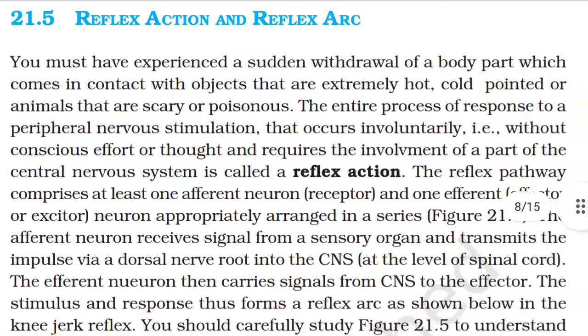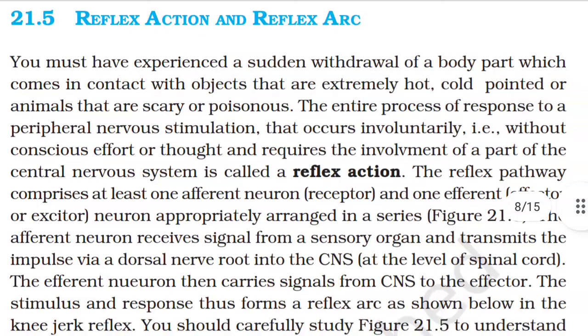The reflex pathway comprises at least one afferent neuron, that is receptor, and one efferent, that is effector or exciter neuron, appropriately arranged in a series. The afferent neuron receives signals from a sensory organ and transmits the impulse via a dorsal nerve root into the CNS, that is at the level of spinal cord.